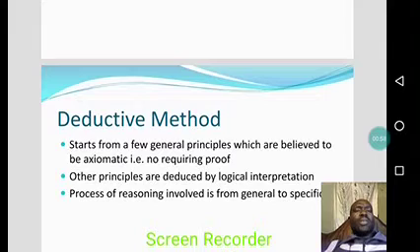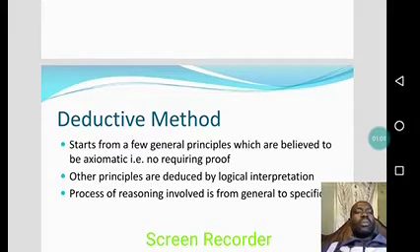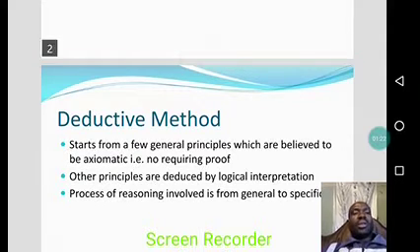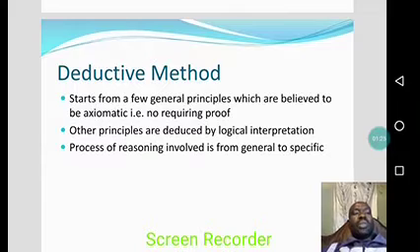Under the deductive method, as a researcher, you start from a few general principles, and these principles are normally believed to be axiomatic, that is, they do not require proof. So you're beginning from a general premise and moving on to the specific premise.